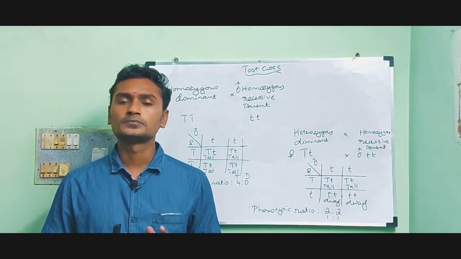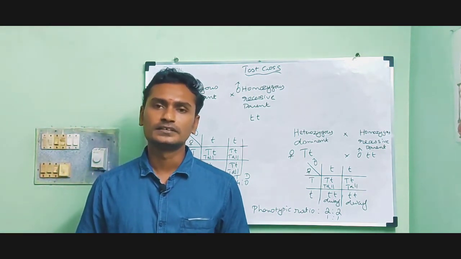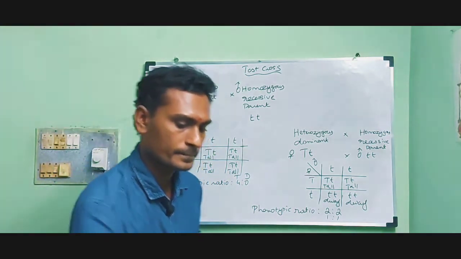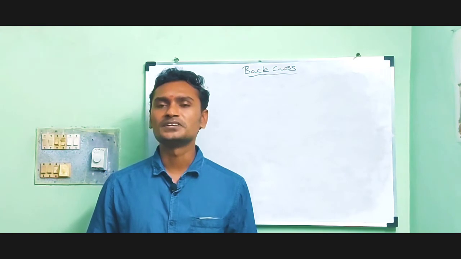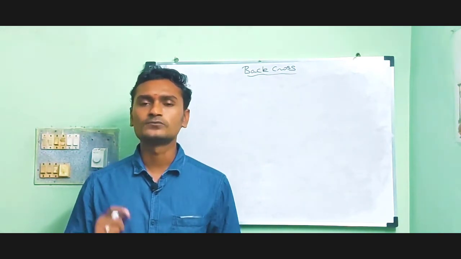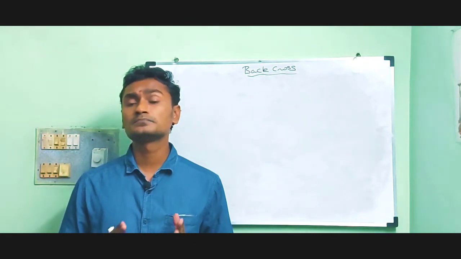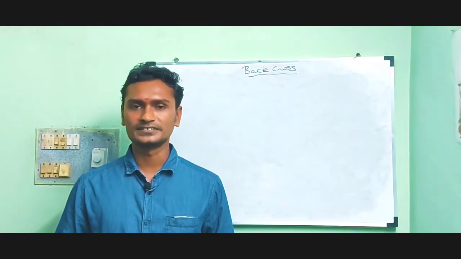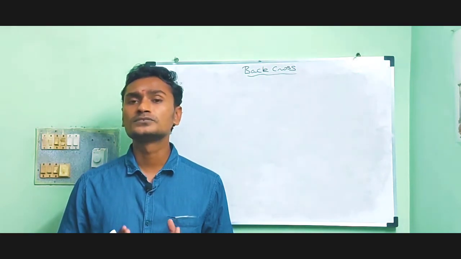Now I am going to explain the next cross, called back cross. Back cross may be defined as a cross performed between a hybrid and one of its parents. The parent may possess the dominant character or the recessive character. Why do we have to do back cross?